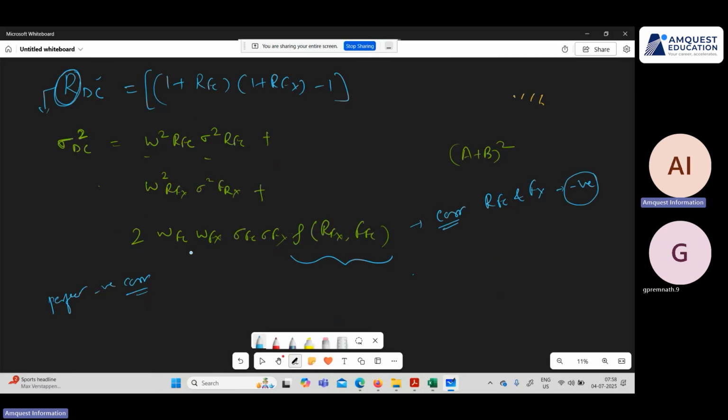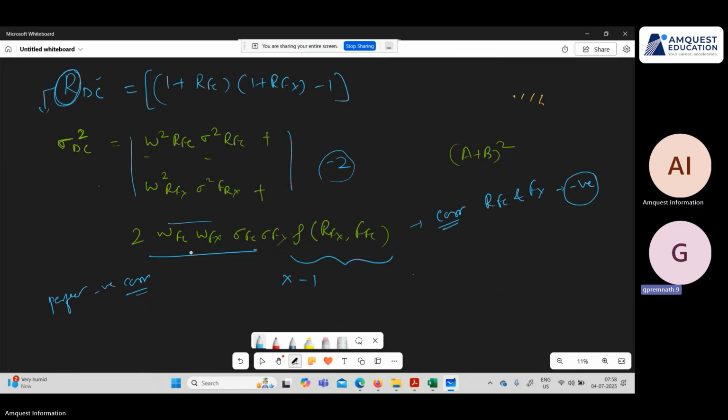This is effectively -1. Basically, this part is multiplied by -1, everything else the same. Let's say all of this value is 1. So effectively, this is -2.